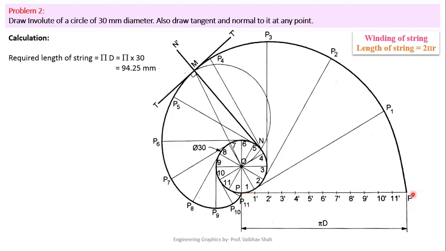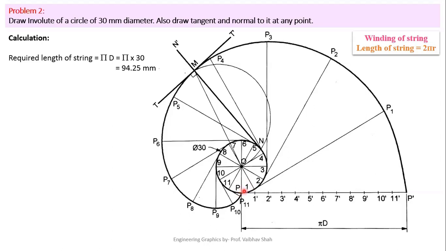Now when we try to wound round this string rotating in anti-clockwise direction, first the portion of the string which will be getting in contact with the circle would be this portion from 0 till 1 dash, which will come in contact with this point number 1. So string first will get in contact with this point number 1. That means this partition is obviously known as point 1, because string will get in contact with this point first. So that's why we have given this point as point number 1.